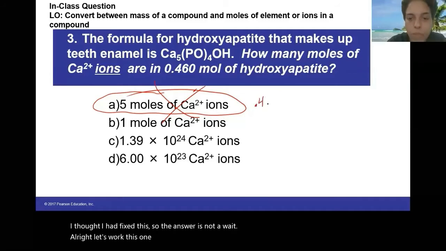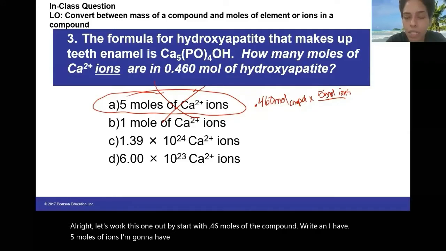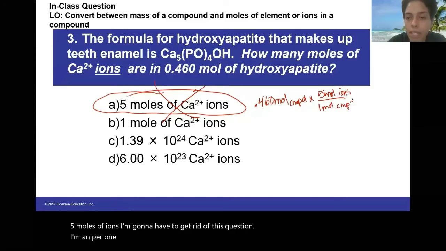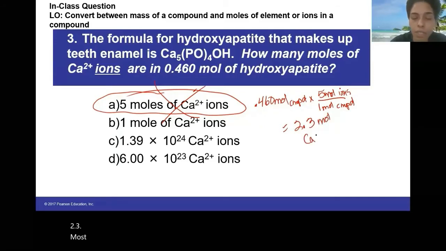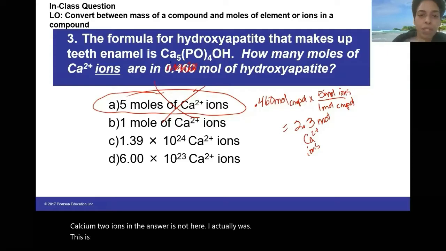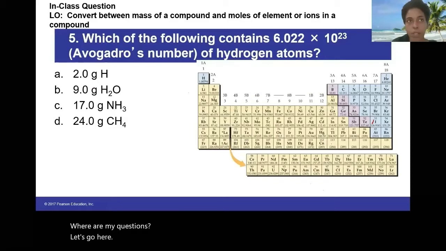If I start with 0.460 moles of the compound, and I have 5 moles of ions per 1 mole of compound, I end up with 2.3 moles of calcium 2 ions, and the answer is not here. I was actually looking for 1 mole. Here we go.